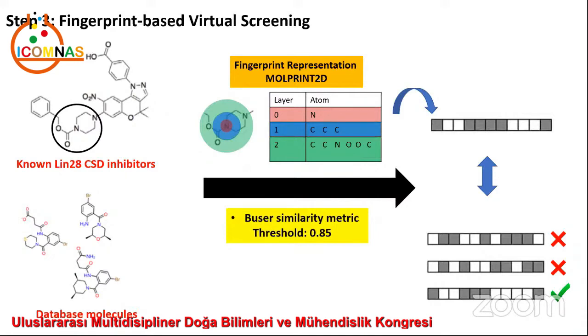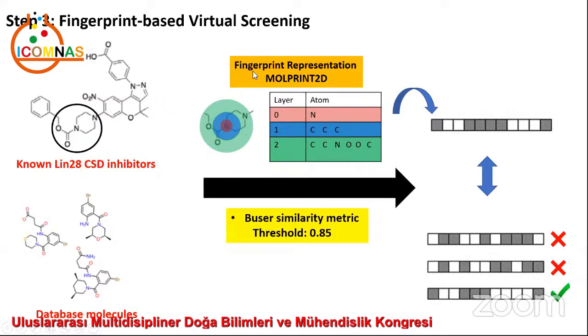And then in the next step, now that our protein is prepared and our database is prepared, we could actually start our ligand-based virtual screening studies. As a first step, we use fingerprint-based virtual screening, and we used the MolPrint2D representation of these chemical compounds in this work. So what we have done, we first collected the known Lin28 inhibitors that are specifically shown in the literature to be binding or targeting the cold shock domain.